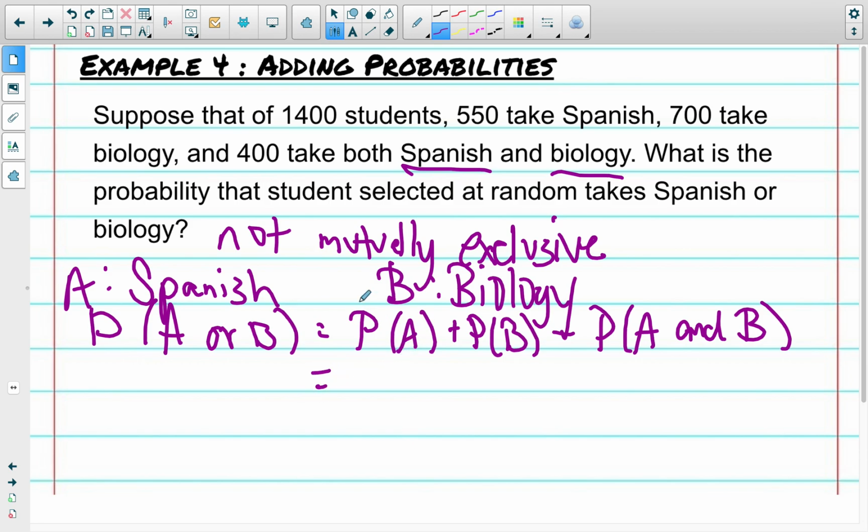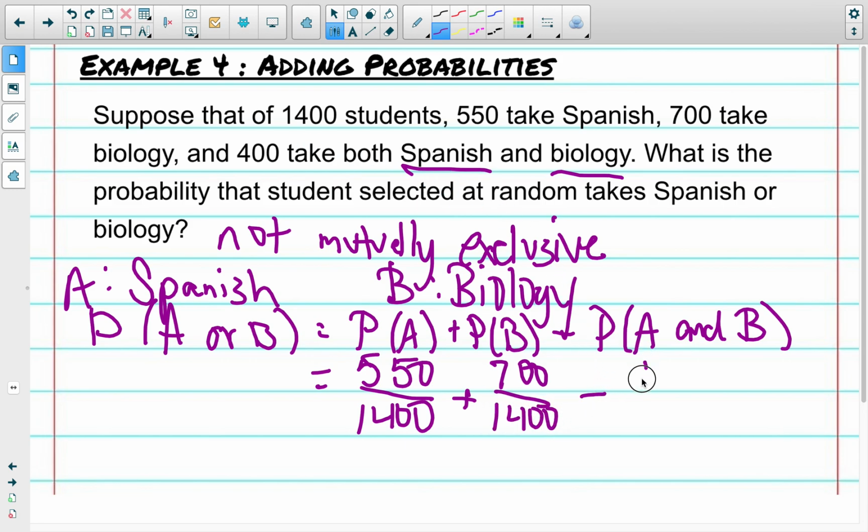The probability that a student takes Spanish is 550 out of 1,400. The probability that a student takes biology is 700 out of 1,400. Subtracting the overlap, we need to subtract 400 out of 1,400.